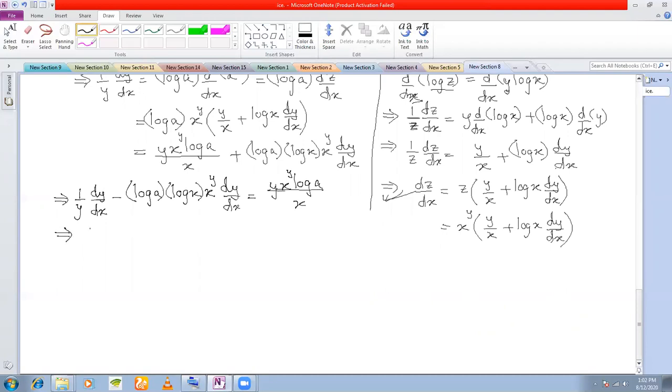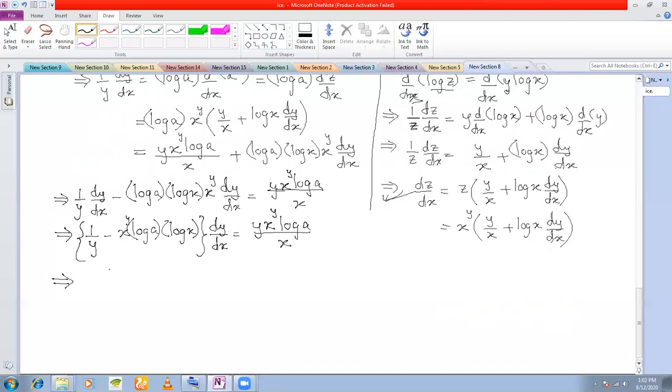So now take dy/dx common, get 1 by y minus x to the power of y log A into log x in brackets, dy/dx is equal to y x to the power of y log A by x.